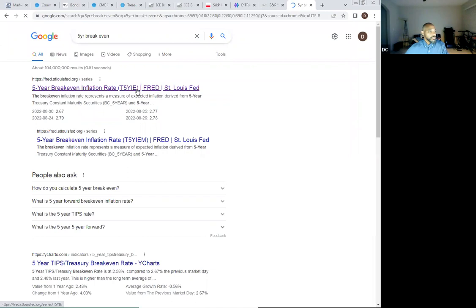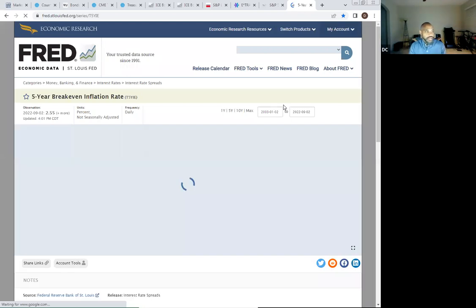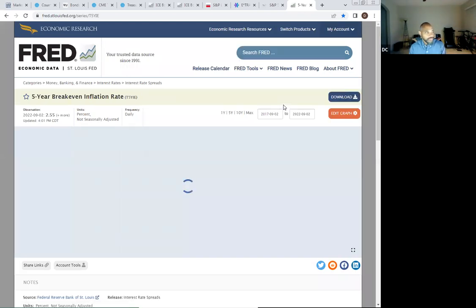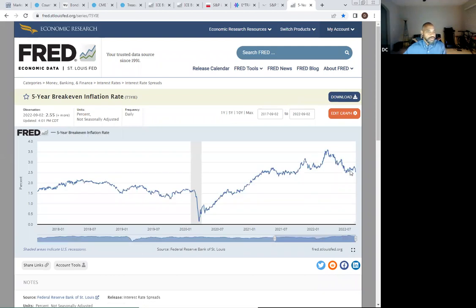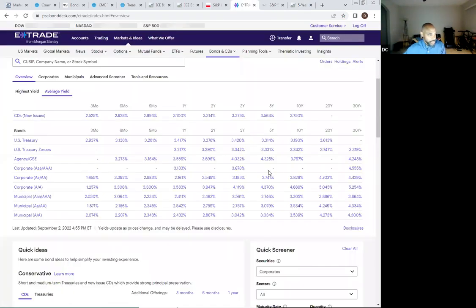I think we went over break evens last time, but the 5-year break even is the difference between the TIPS rate and the 5-year note, which tells you the market pricing of inflation. So 2.55%. If we take the 5-year break even and then look at, let's say, a AA bond, that spread is not that much, right?